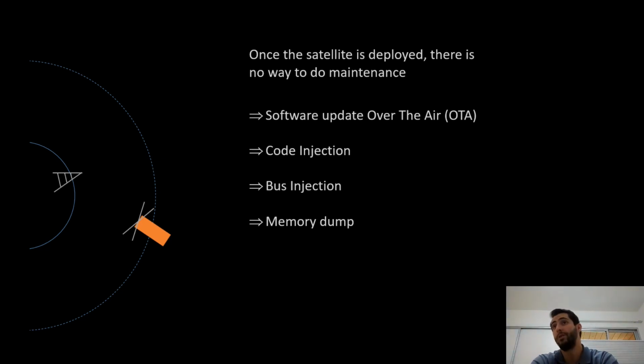For instance, if you have a test that you want to do, but you didn't have time to code the tests when you were on ground. So if you have a code injection system, you can then send part of that executable code to your satellite, and there is a part of the memory which is reserved for that code. And the entry point will always be the address of a function.